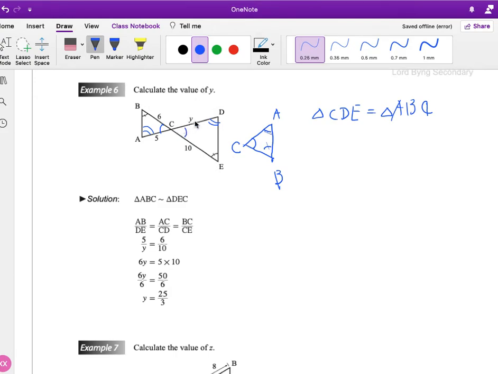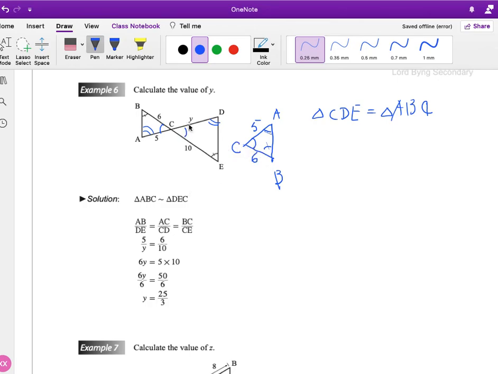So in this case, which one are we looking for? We're looking for the big one, Y here. And the AC now is 5. See that? AC is 5. The BC is 6. Okay, so now let's do this.